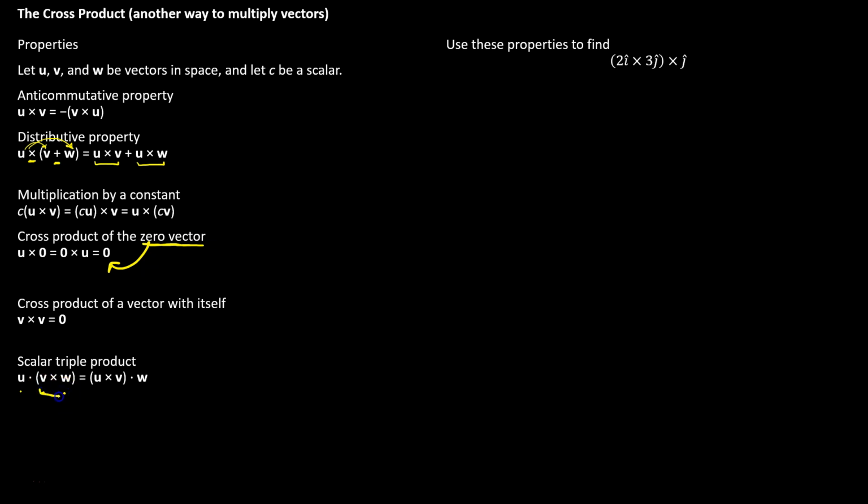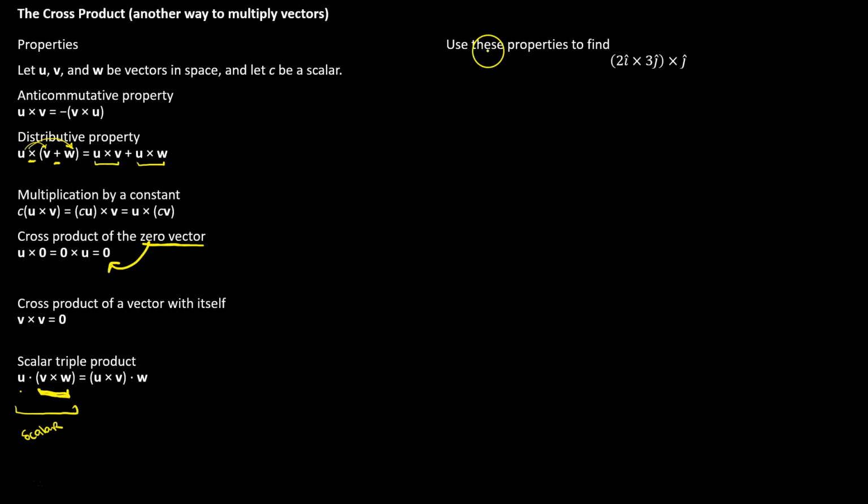When we cross v with w, we get a vector. So that means this little dot between u and the parentheses is the dot product, because we have a vector to the left and a vector to the right. And when you dot two vectors together, you get a scalar. So that's our scalar triple product, which we'll see some more of in a few minutes.